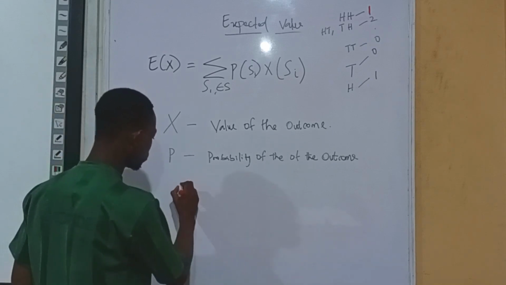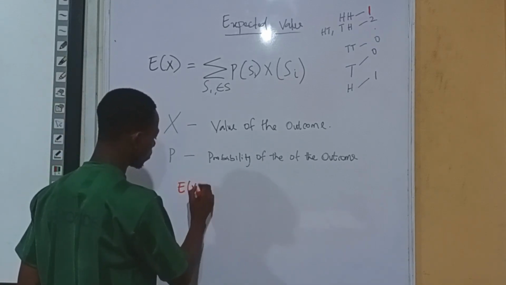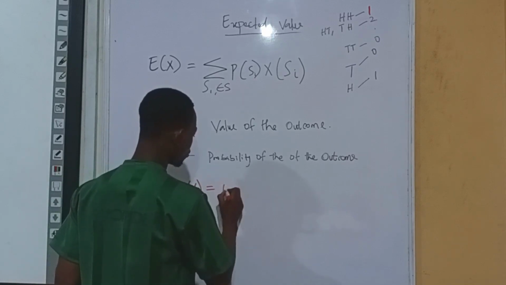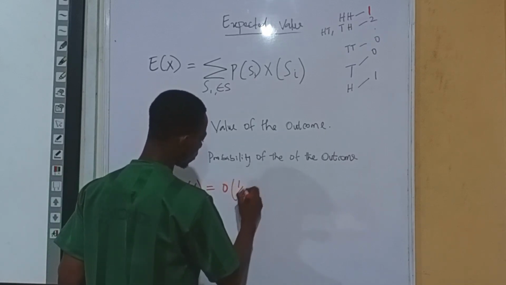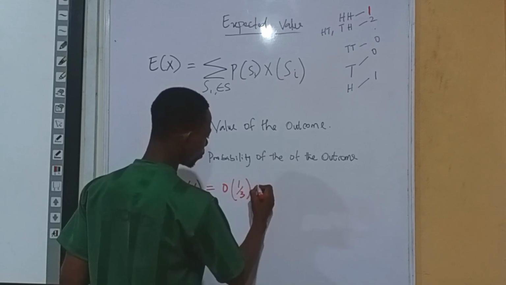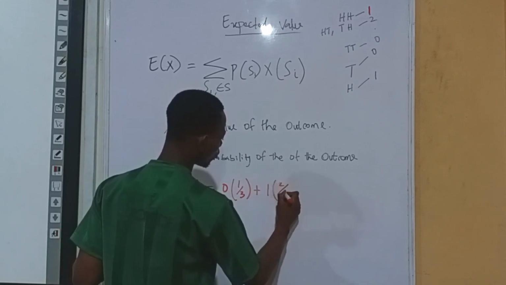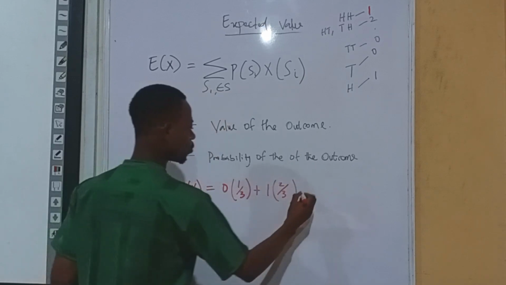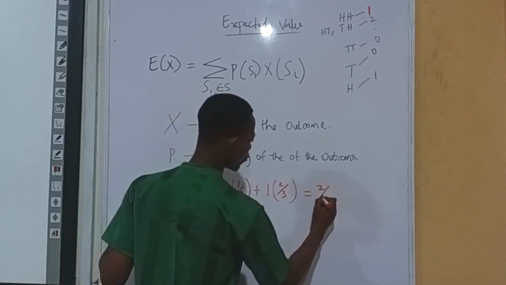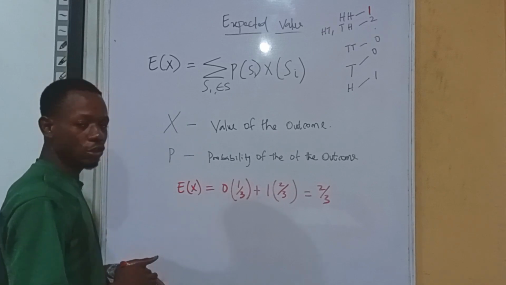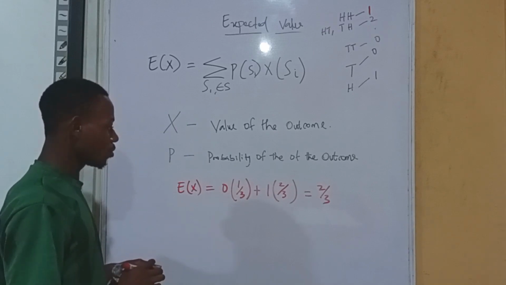For that one, the expected value will be equal to 0 into bracket 1 over 3 plus 1 into bracket 2 over 3, which gives us 2 over 3 as the expected value. I hope you understand.